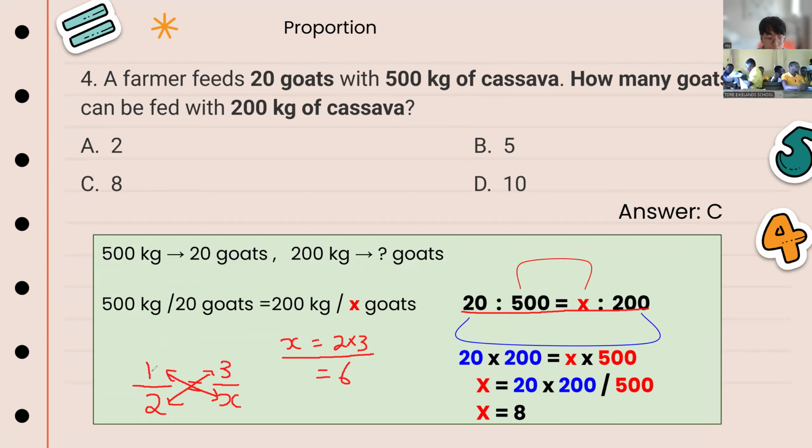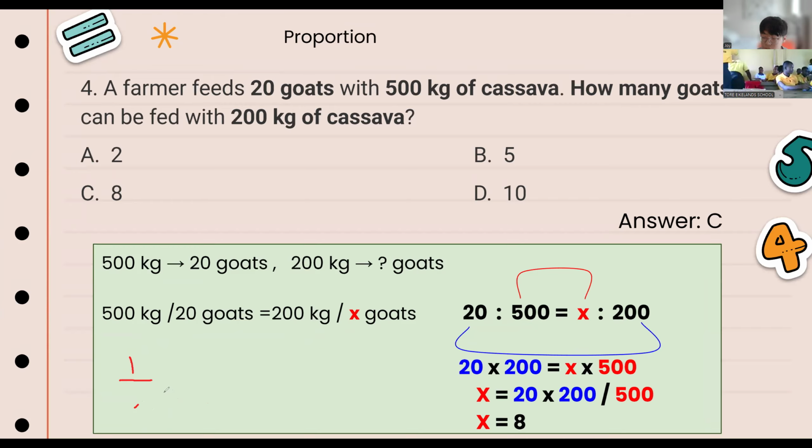So you can represent 1 to 2 similarly like this: 1 to 2 equals 3 to 6. Or this can also equal 4 to 8, etc. It can go on and on.